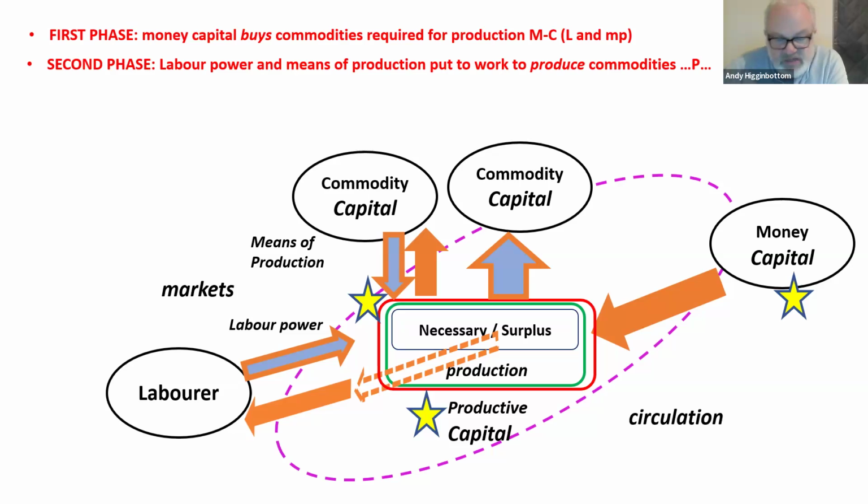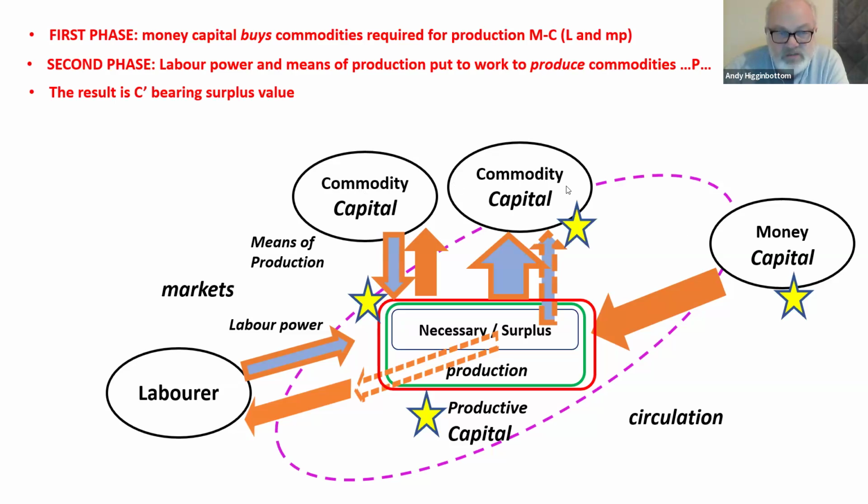In production, as we know, production time or labor time in production is split between necessary and surplus labor time. And because of that, the commodities that are produced have a surplus value over and above the value of all the inputs into them. So this is contained in the first instance in the commodities bearing surplus value.